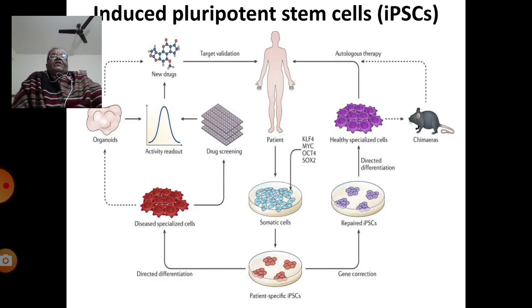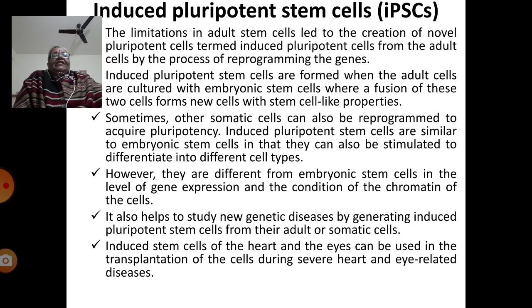Then the next category of stem cells happens to be iPSCs, induced pluripotent stem cells. Let's see. So the limitations of adult stem cells led to the creation of novel pluripotent cells. They are termed induced pluripotent cells, made from adult cells by the process of reprogramming the genetic makeup or the genes, okay.